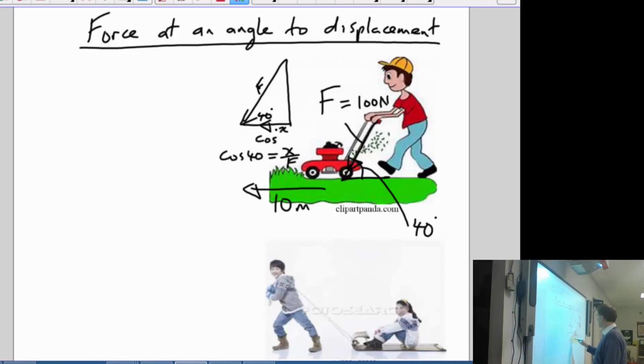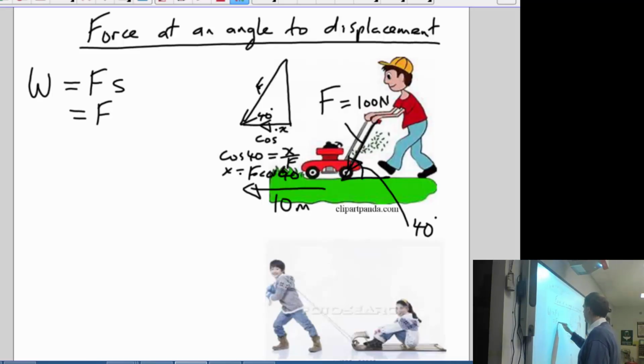So you can see that x is F cos 40. That's why the formula in general is not written as Fs. It's written as Fs cos theta to remind people that they've got to be going in the same direction. If they're not, the cosine theta will give you the force component that's parallel to the displacement.